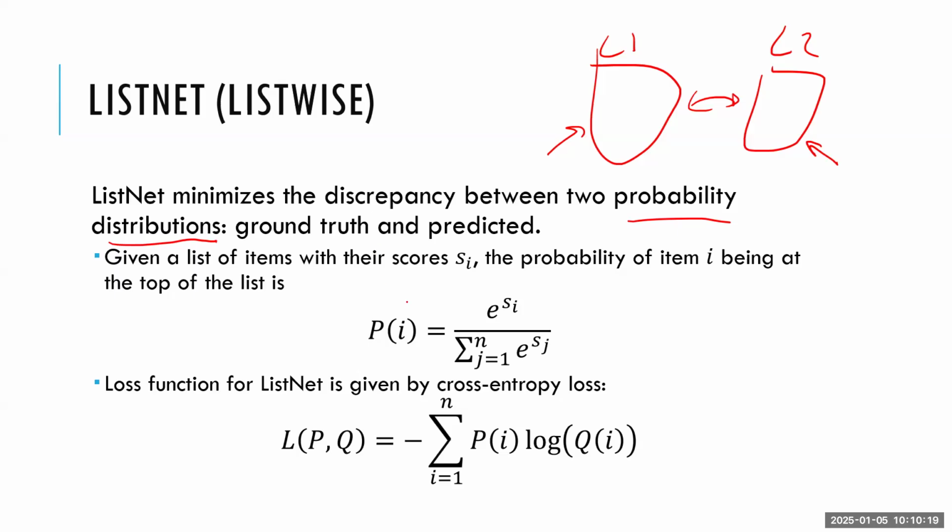And the probability of item i being at the top of the list is given by this equation. So we have e to the si. So for each item, you have the score, right?